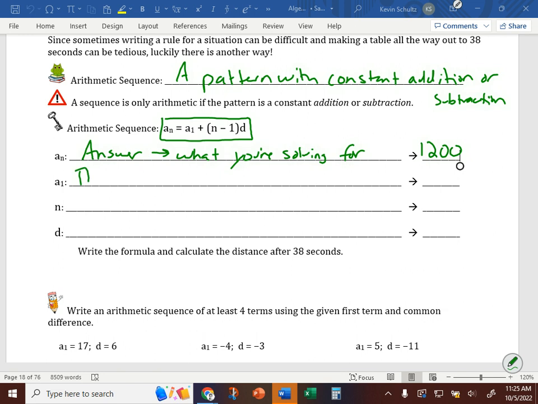a_1 represents the first term in the sequence. The first term in the sequence.